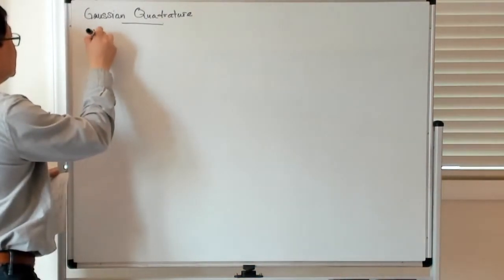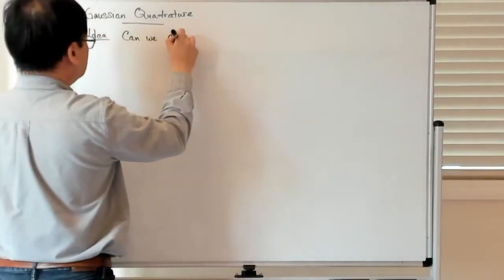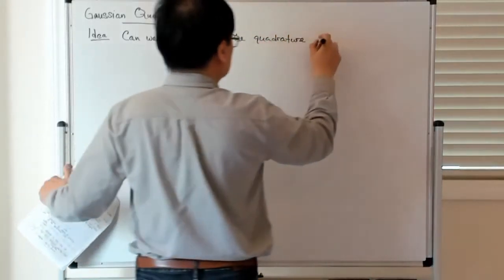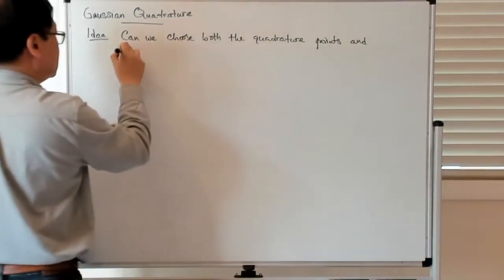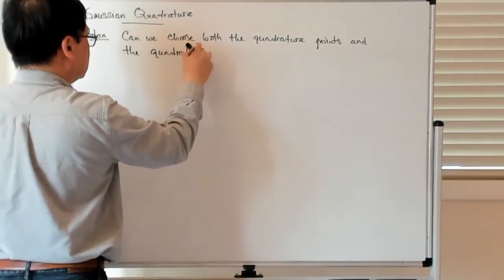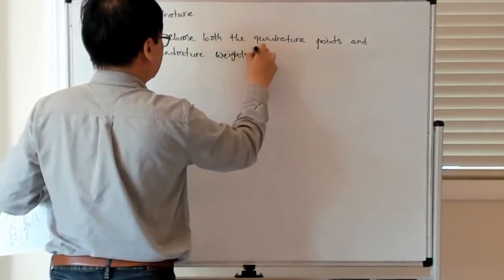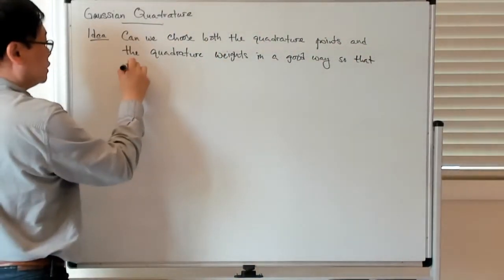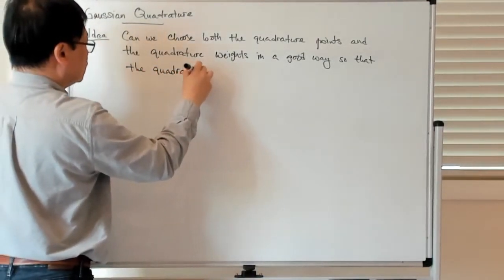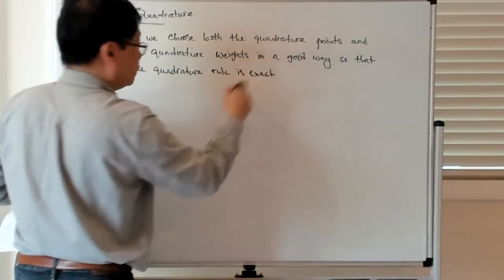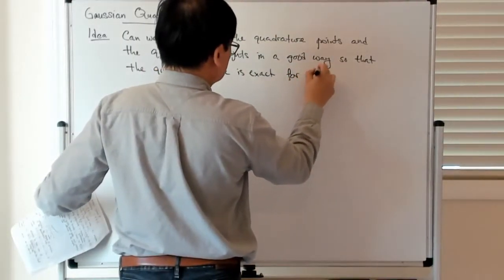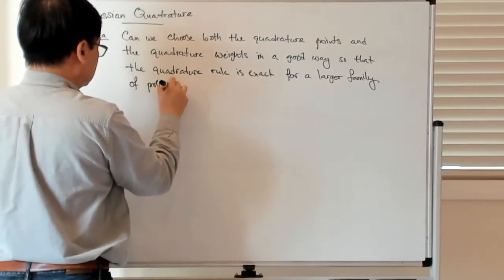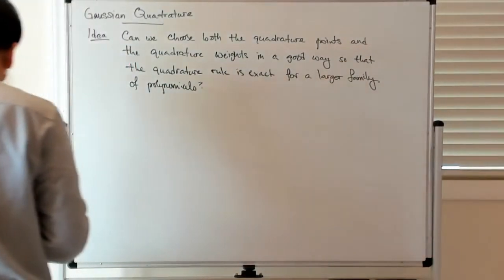So the idea is, can we choose both the quadrature points and quadrature weights in a smart way, in a good way, so that the quadrature rule is exact for a larger family of polynomials? Okay, so that's the intuition.